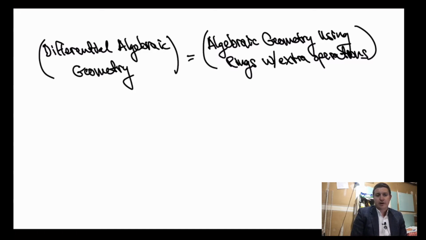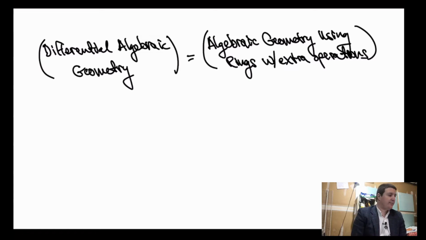So you're not just looking at solutions of polynomial equations, but you're looking at solutions of differential polynomial equations, or difference equations, so things with a ring endomorphism, or you could have a p-derivation. There's a zoo of operations that you can be using, and they're all related. So that's differential algebraic geometry in a general sense.